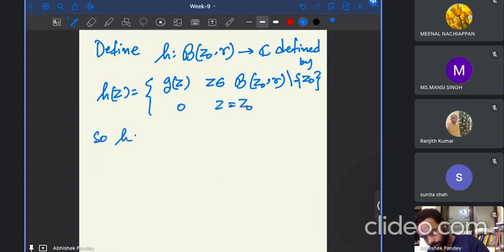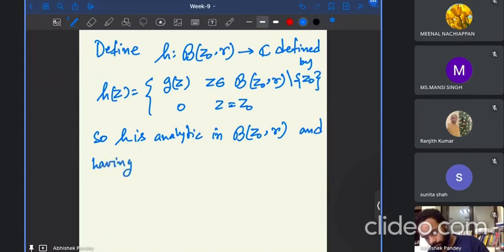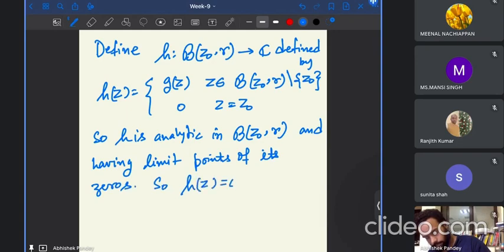So h is analytic in this one, okay, and having limit points of its zeros.